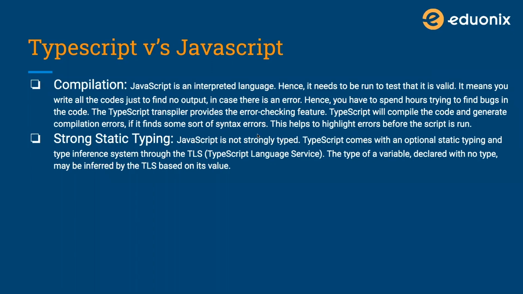But those were giving a lot of errors. That gave me the next feature of TypeScript, which is strong static typing. What it means is, if you are taking a number and you define it as a number, it will check that it will always be a number. If in case you don't process it in that way, it would give you a compilation error, saving you effort and time when you are trying to work on it, right?